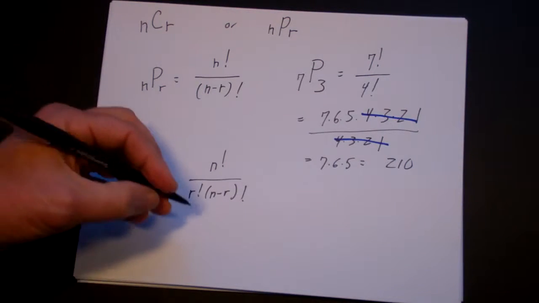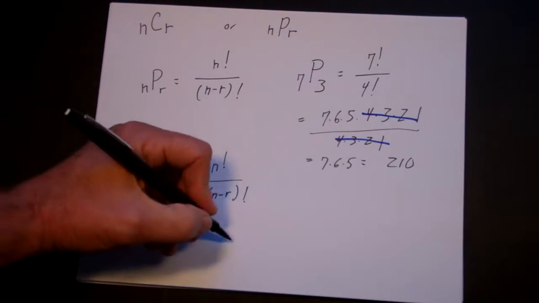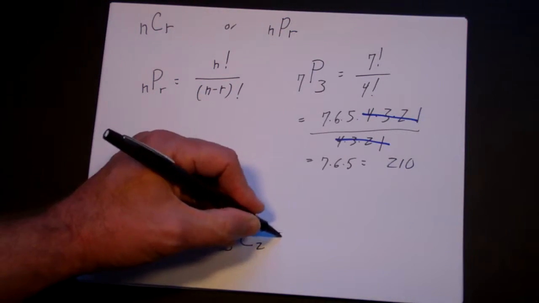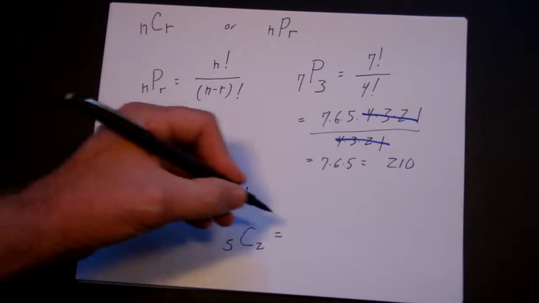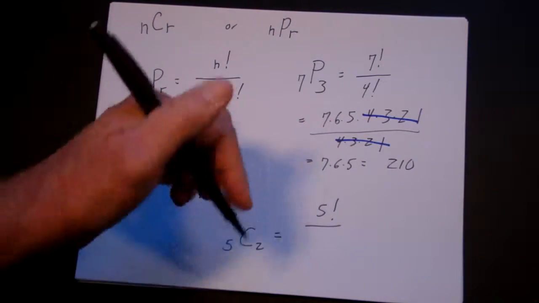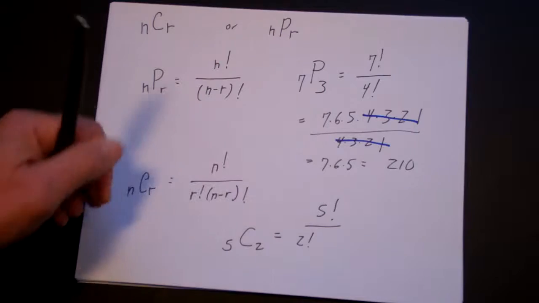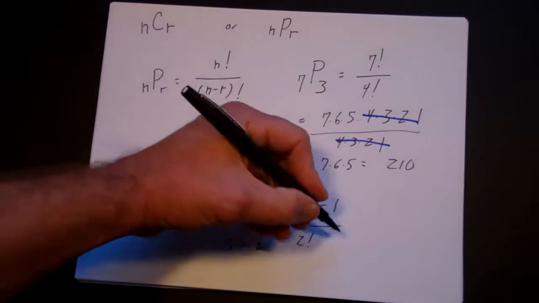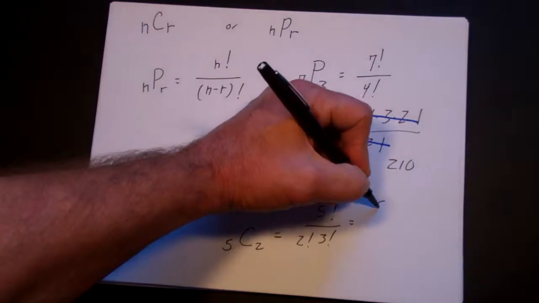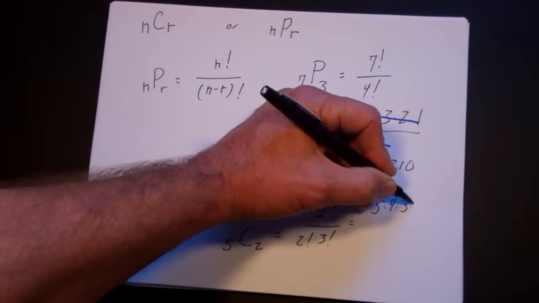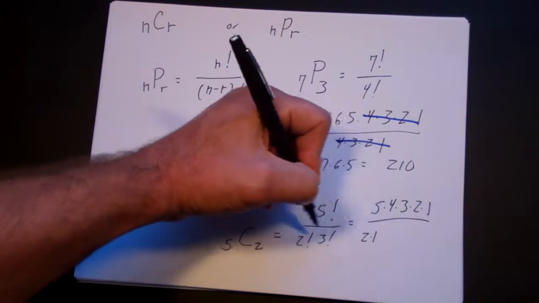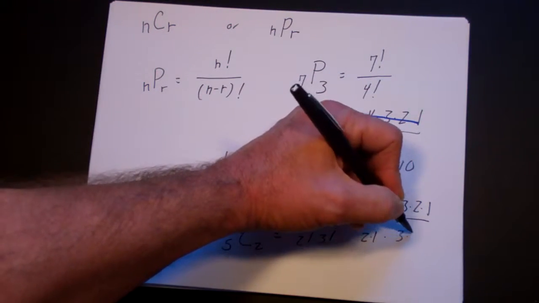nCr, let's look at an example of that one. Let's choose 5C2. 5C2 would be 5 factorial over 2 factorial times 5 minus 2 factorial, which is 3 factorial. Now this is 5 times 4 times 3 times 2 times 1 on top, and 2 times 1 times 3 times 2 times 1 on the bottom.